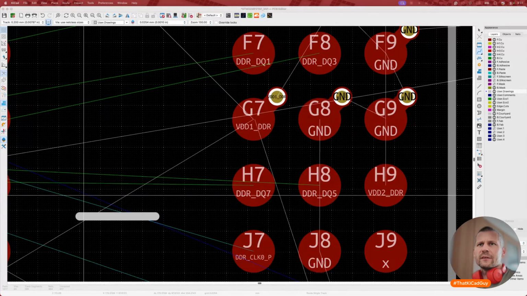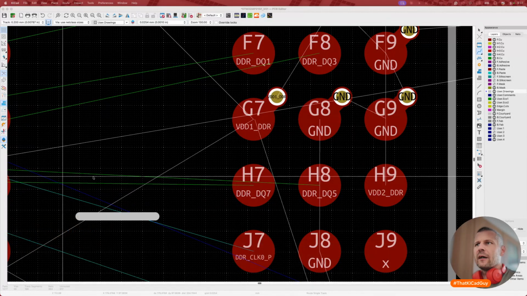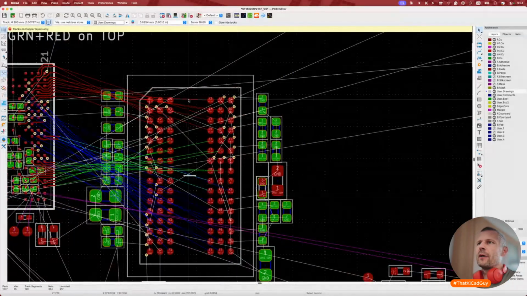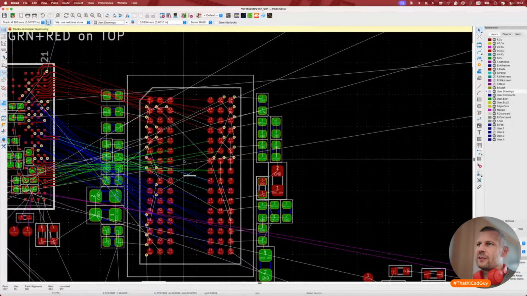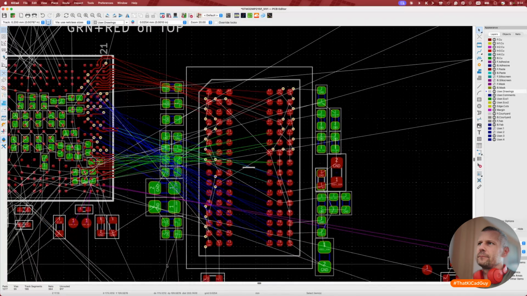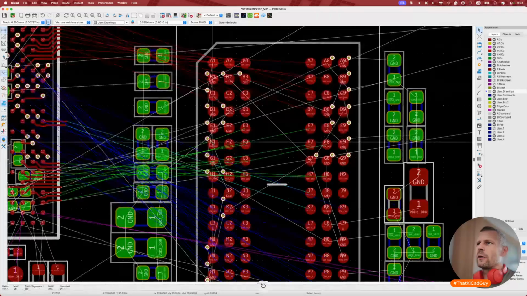But these caps definitely wouldn't affect the routing much, because I will go not around them, but just in between the pads. Right now I just need to know where the connection will be.